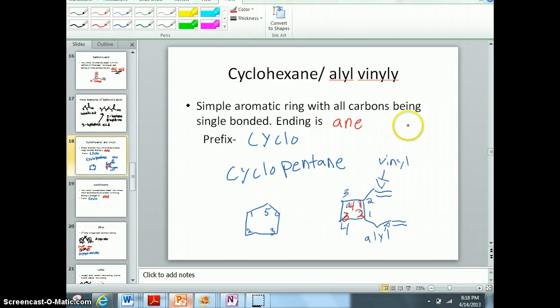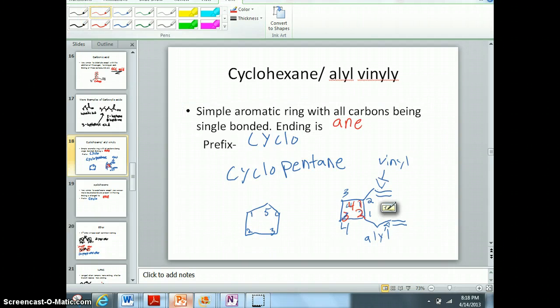If we're going to label this, we have 1 allyl, 2 vinyl, cyclo, since it is a ring, butane, since they're all single bonds. These are all single bonds in this one right here. So that's how you name that particular one.